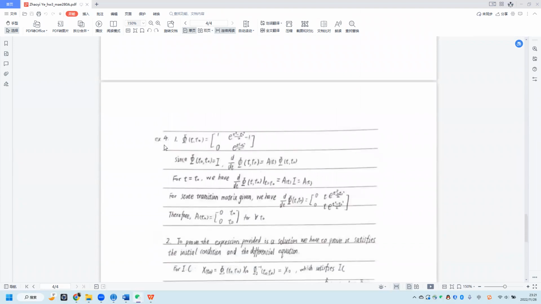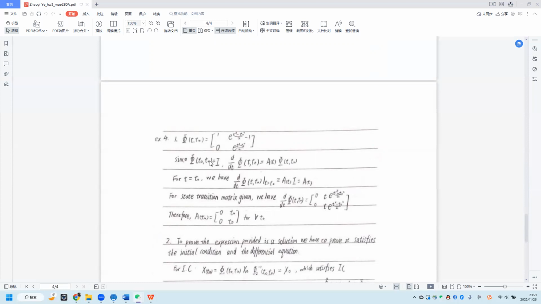This is exercise 4. For the first part, we are required to find the matrix A(t) for the transition function.